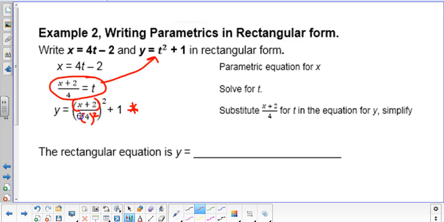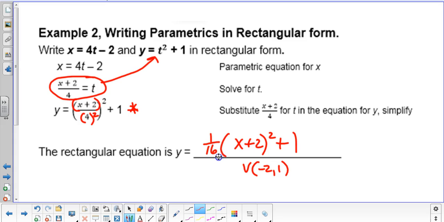And because the top is in a parenthesis, could we write 1/16 times (x plus 2) squared plus 1? Everybody okay with what I did? Squared it, pulled it out front. This is the form we learned earlier this year, or back in Algebra 2. The vertex would be at -2, 1, and the 1/16 would make it, do you remember? Open up and wide.